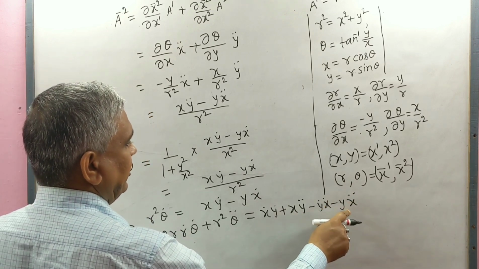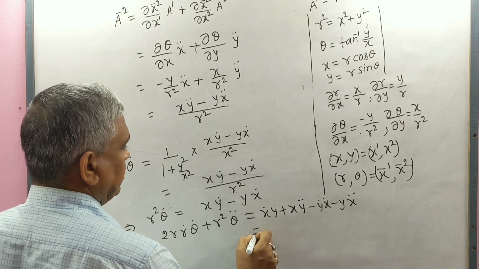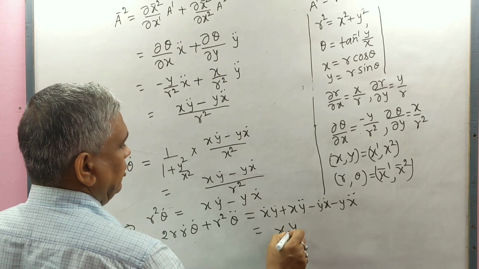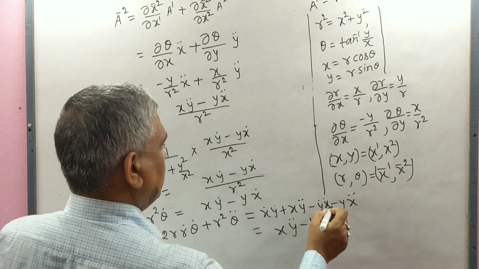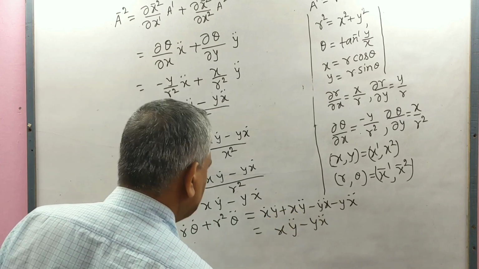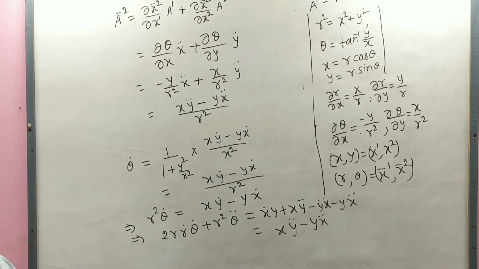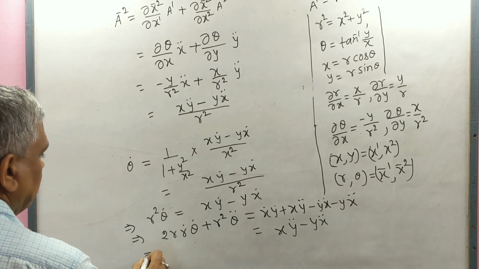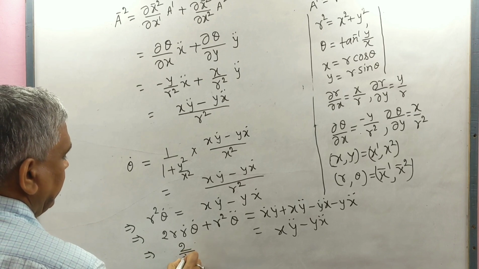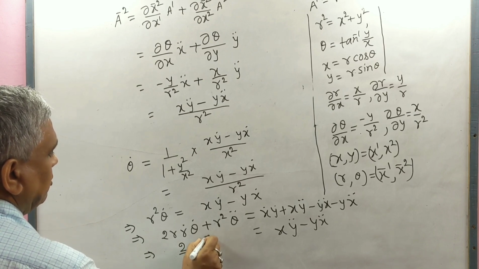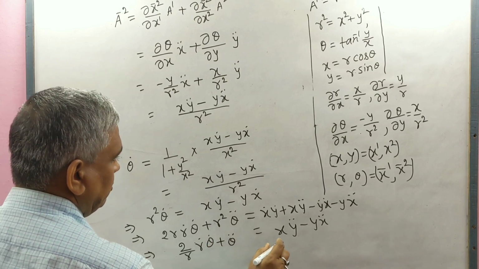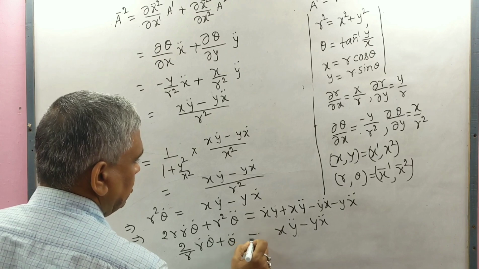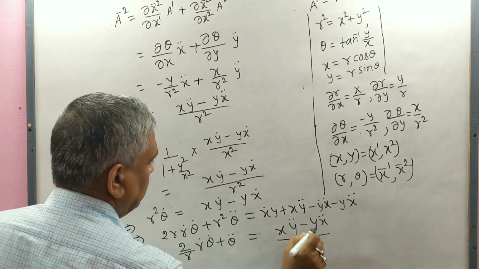This term and this term cancel with each other, so we get x y double dot minus y x double dot. Dividing both sides by r square, we get 2 by r dot theta dot plus theta double dot equal to this.